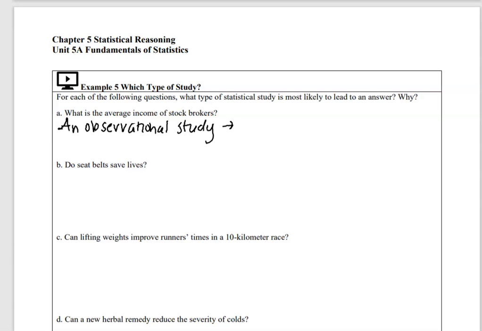We can get that information of the average income. We might collect that through data, or we might actually be able to ask. So that would be a good one.